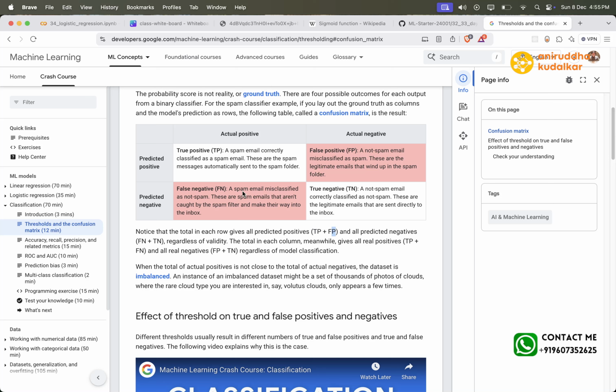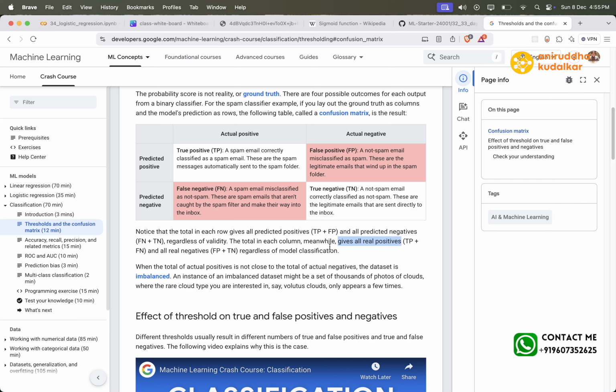The total in each column meanwhile gives the real positives, TP plus FN. So if you see here, the total in each column gives the real positives, TP plus FN. TP means true positives and false negatives.